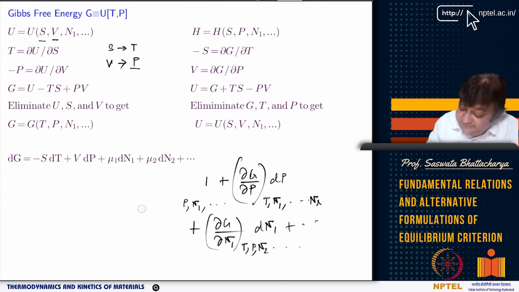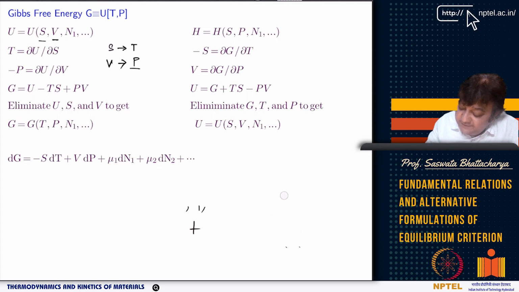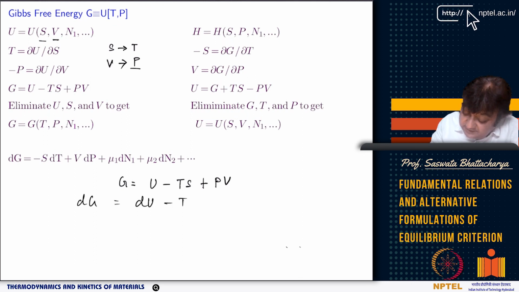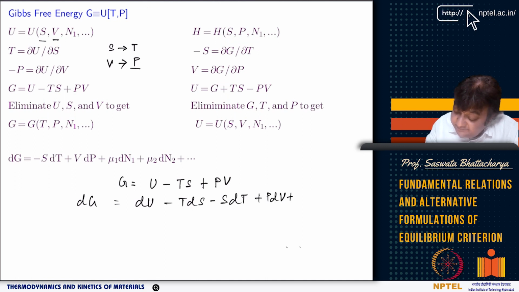Second, like we defined the Gibbs-Duhem relation when we talked about the Euler relation, and the Gibbs-Duhem relation we have given in terms of u, right? But for G also I can write another Gibbs-Duhem relation. So G is U minus TS plus PV, plus mu n.